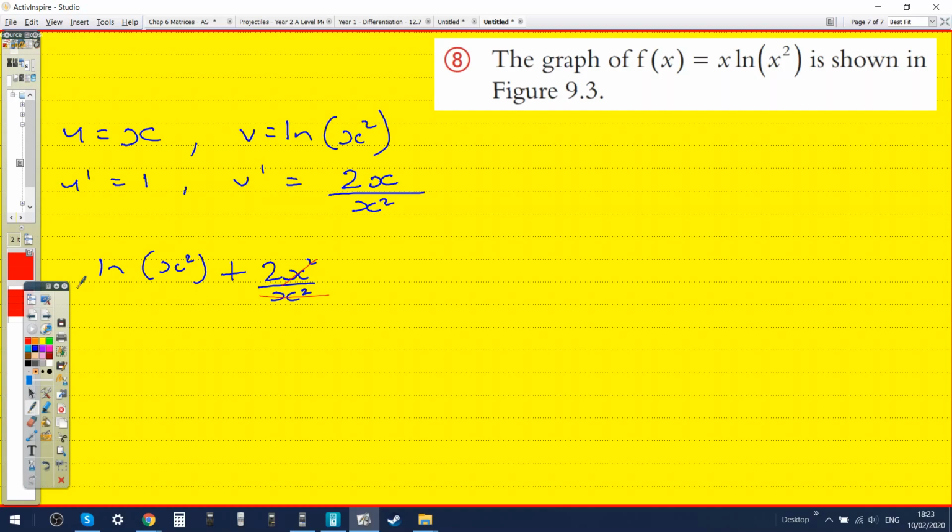So here we just equate it to 0 to find x. So ln x squared equals -2.